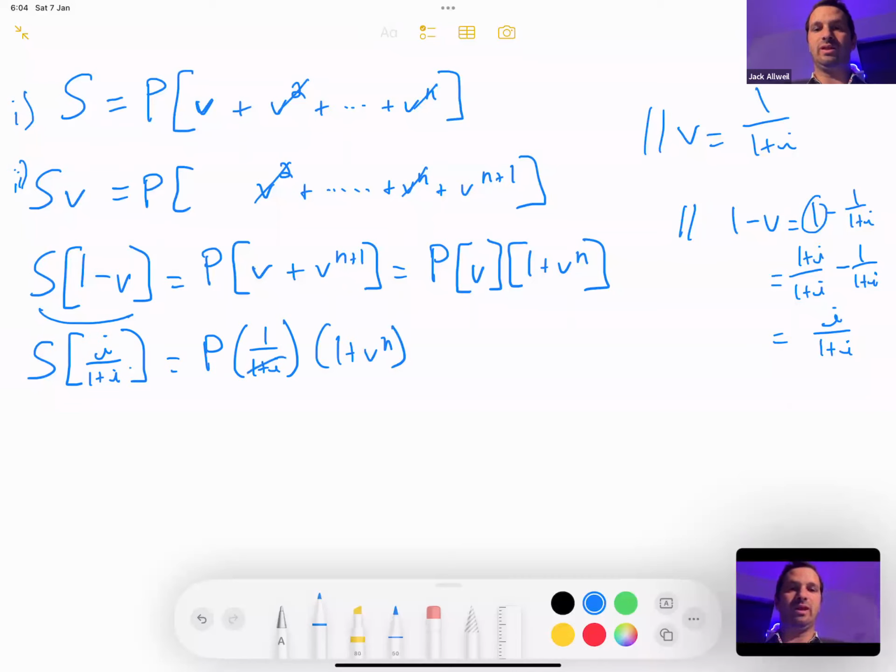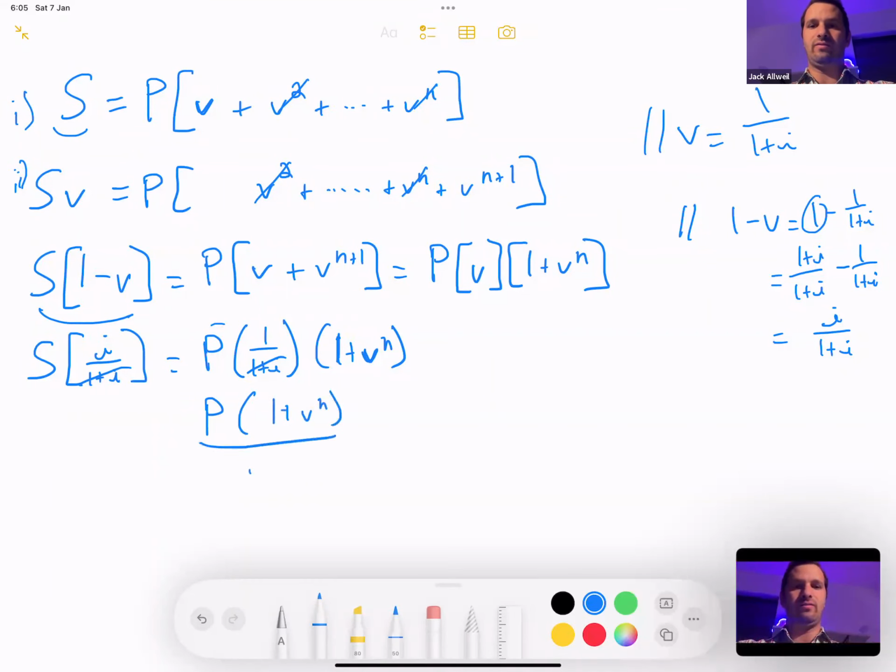If we multiply both sides by 1 plus i, those cancel out. And so this is our payment, and this would be our balance basically. So we get P times 1 minus V to the n over i equals S. And there you go.